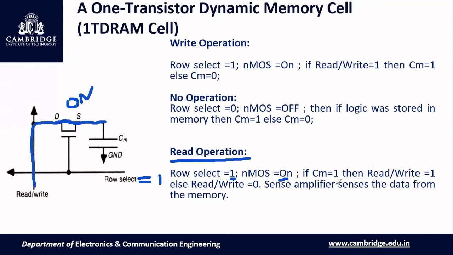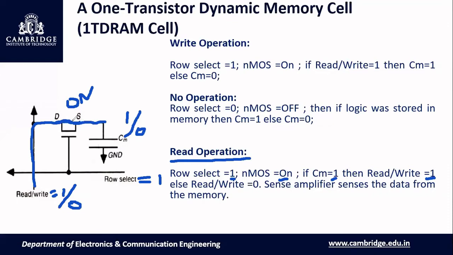If CM was 1, then the read or write line will be having 1. If CM was 0, then the read or write line will be having 0. Here, by making row select as 1, we'll turn on this transistor.